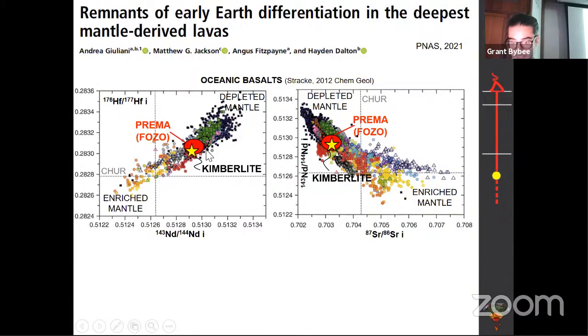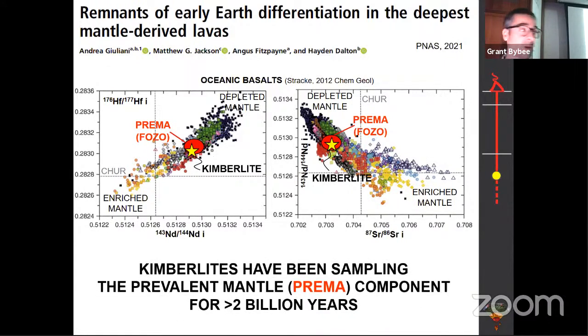In other words, it's apparent that kimberlites have been sampling this PREMA component for over 2 billion years. And that potentially implies that PREMA is not a product of mixing between depleted and enriched components, but perhaps it's something that is as ancient as the age of the Earth.